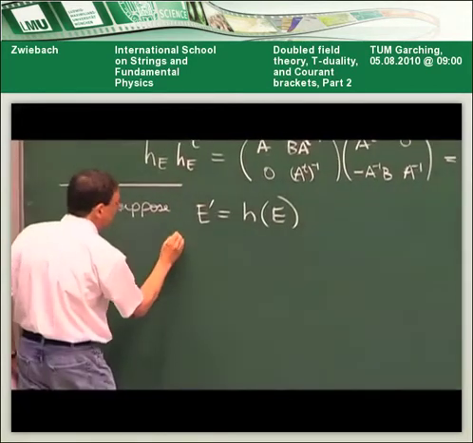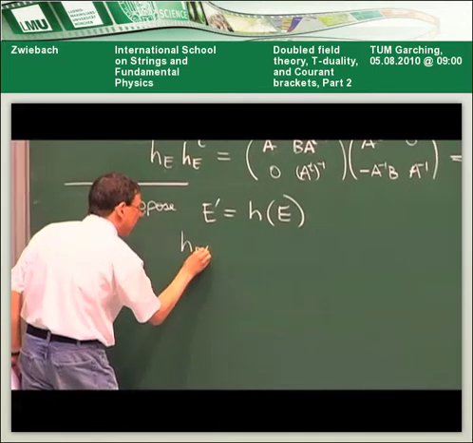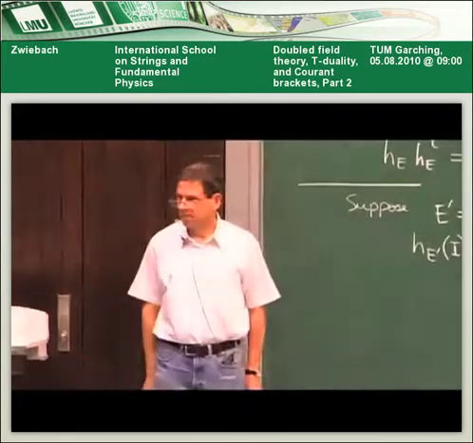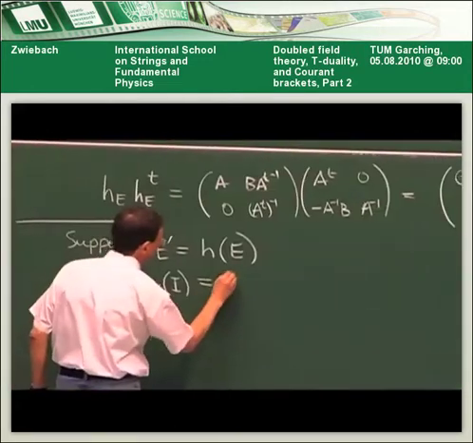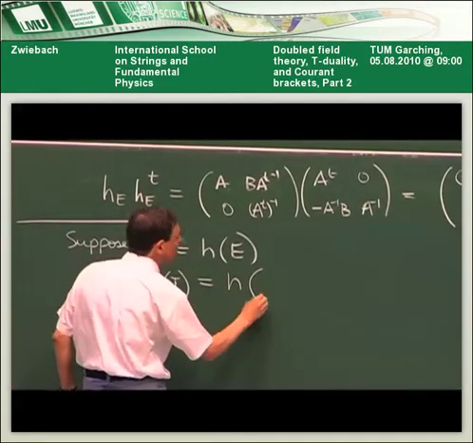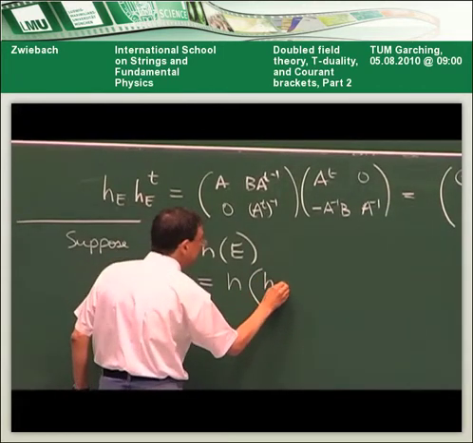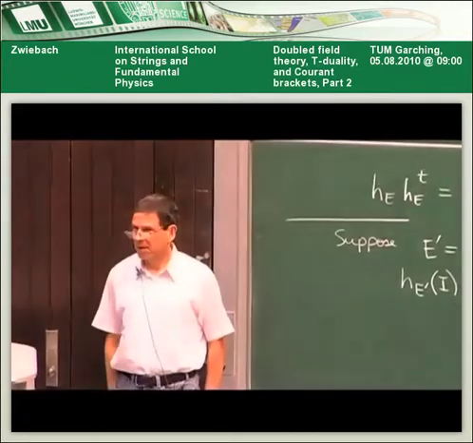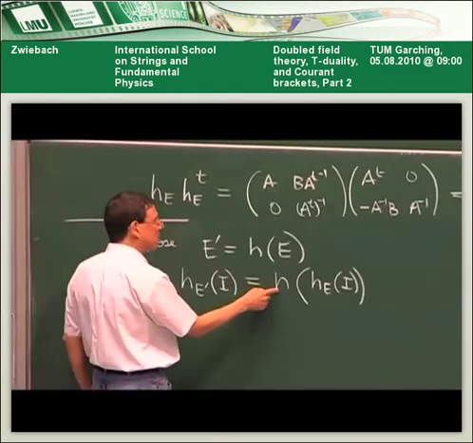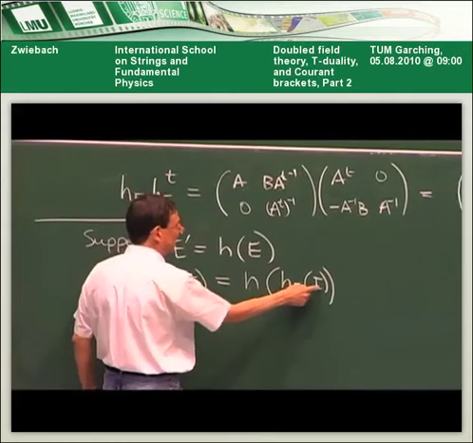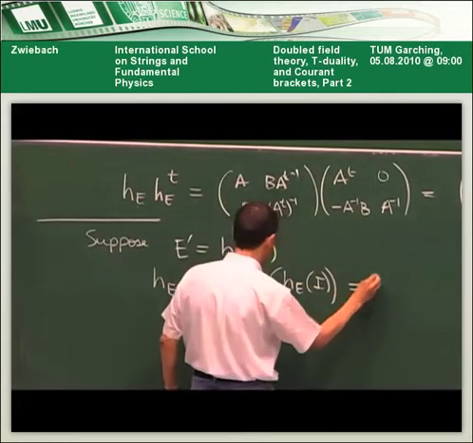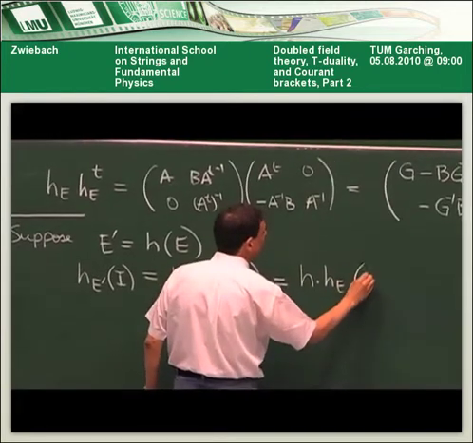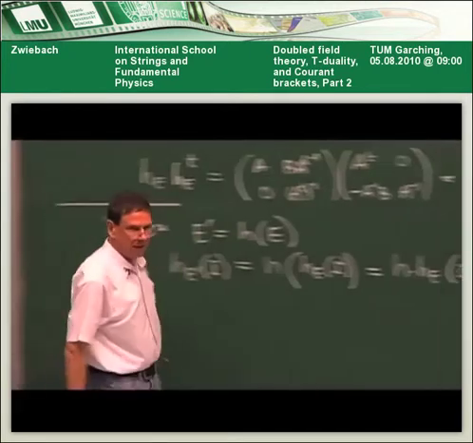E prime is what you would call H of E prime acting on the identity. On the other hand, this is H of HE acting on the identity. But these things are groups. So H of HE acting on the identity is nothing else but H, matrix multiplication, HE, all of that acting on the identity.